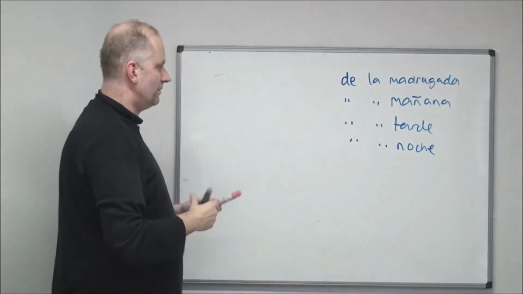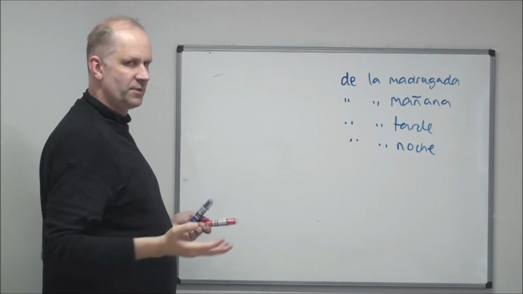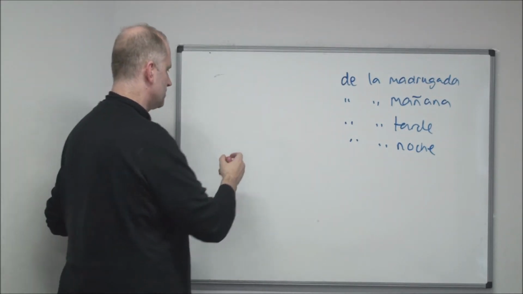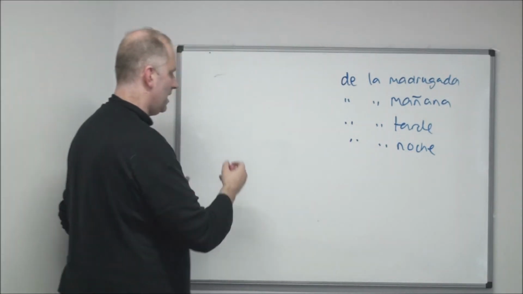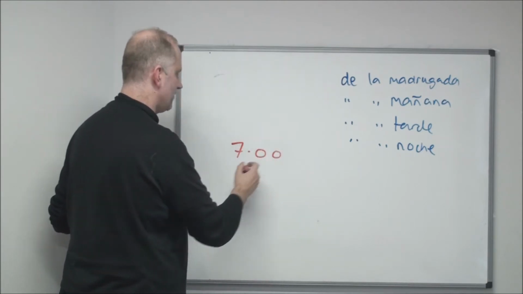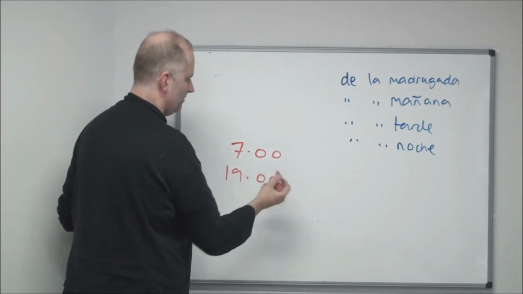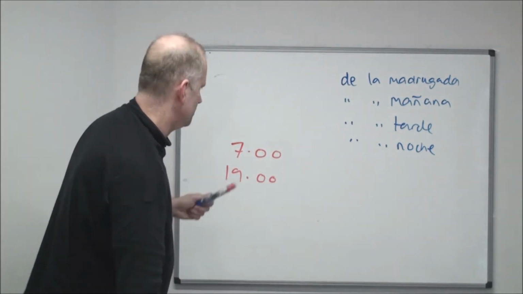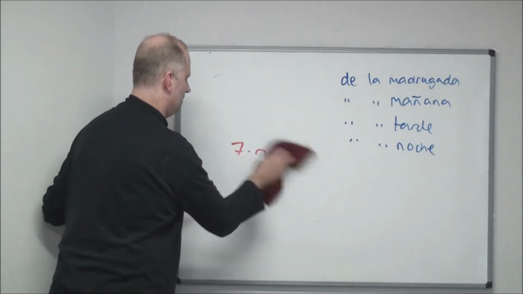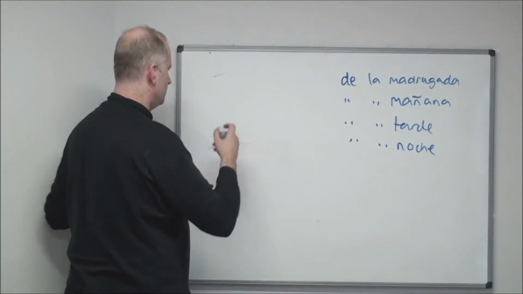Okay, so I'm going to write the time in sort of 24-hour clock. Well, what I'll probably do is just keep it simple, just write AM, PM.